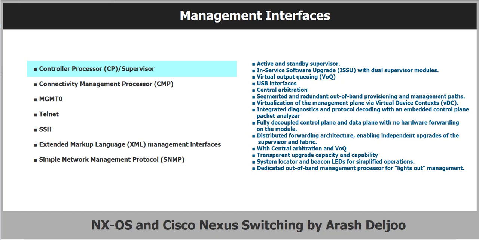Actually, NX-OS has many different types of management interfaces, all of which the following actually include. First, controller processor, or CP, or supervisor. Okay, let me explain a little about each of them, and then I will give you more information about the controller processor, or CP, and or a supervisor.